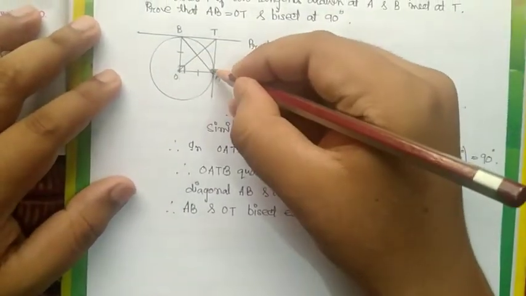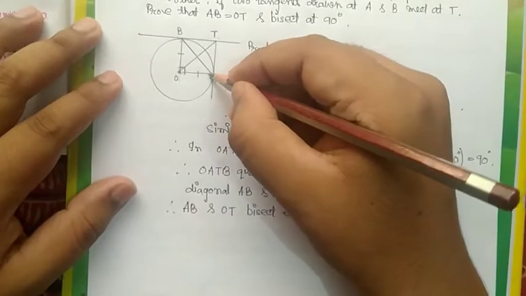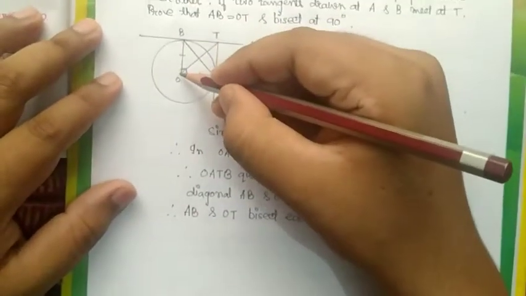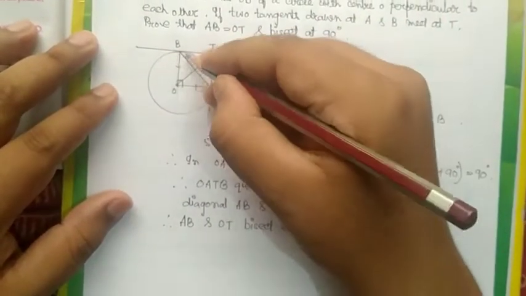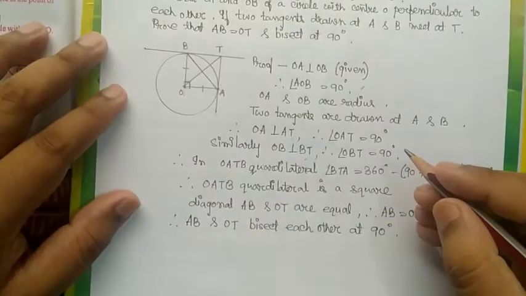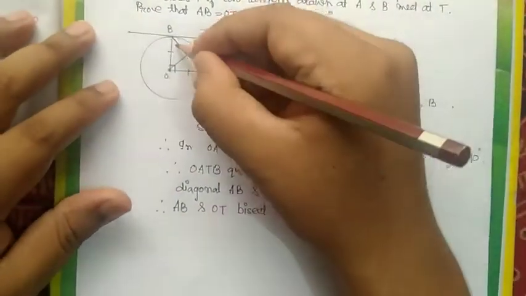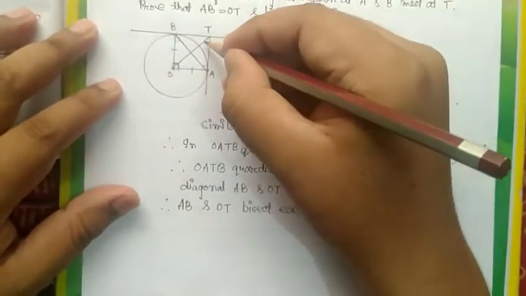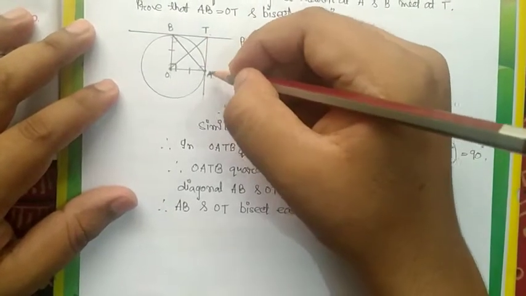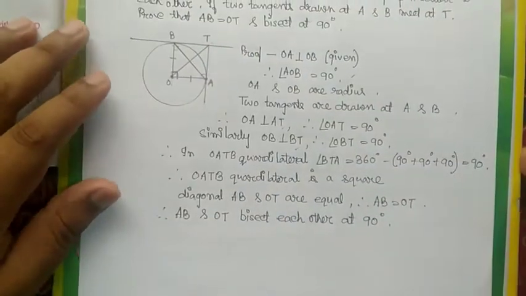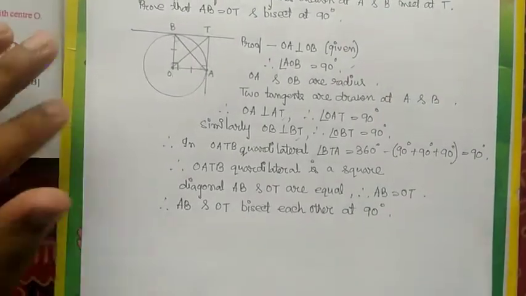So if OA perpendicular to AT, this angle OAT equal to 90 degree, and if OB perpendicular to BT, this angle is also 90 degree. So these two angles also 90 degree. So the remaining angle here is angle ATB or angle BTA, both are same.